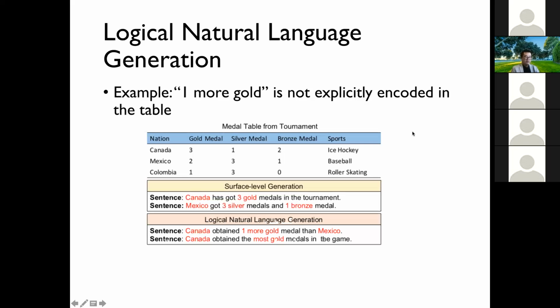That's why we try to make it more interesting and propose this logic-based natural language generation problem. In this case, instead of direct synthesis from the input data, how about we teach machines to generate: Canada obtained 1 more gold medal than Mexico, and Canada got the most gold medals in the game?